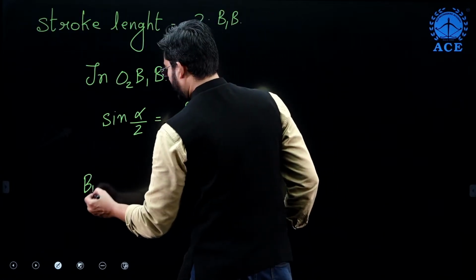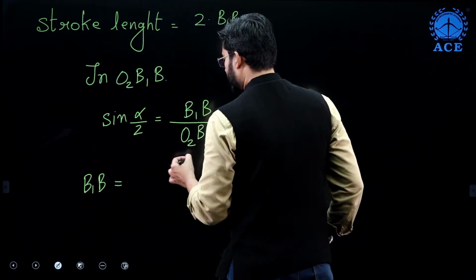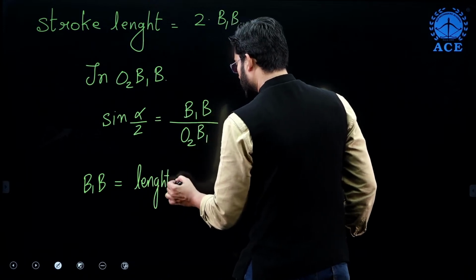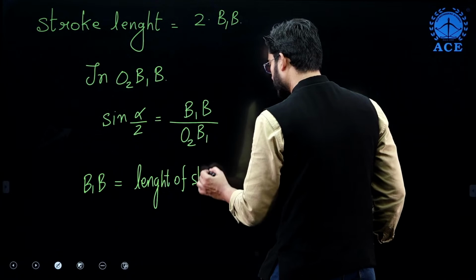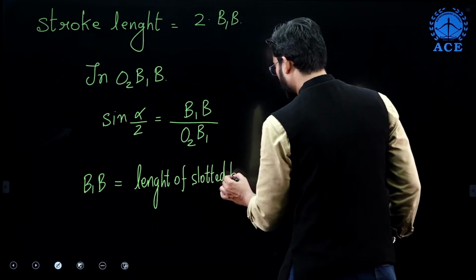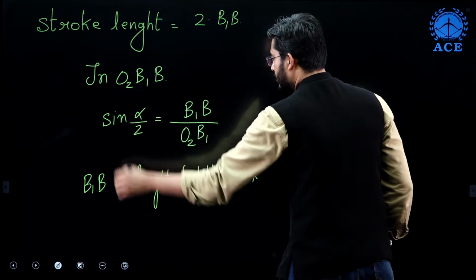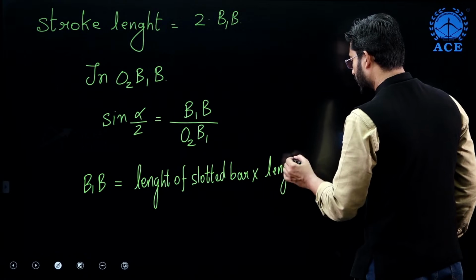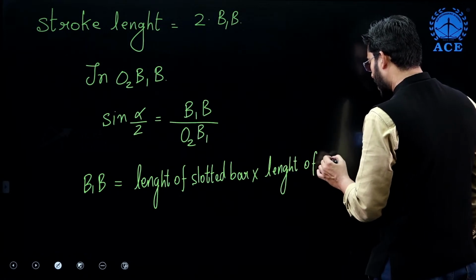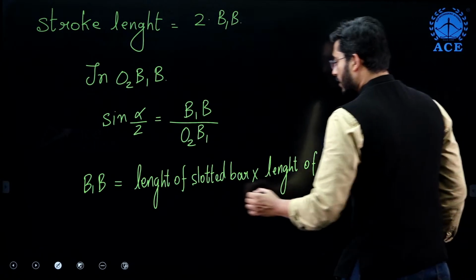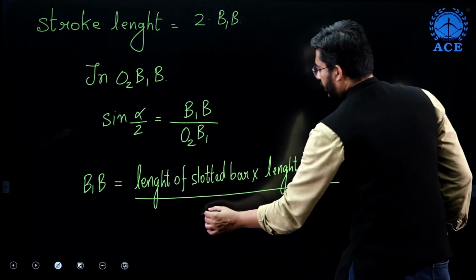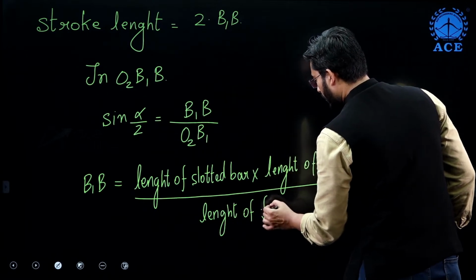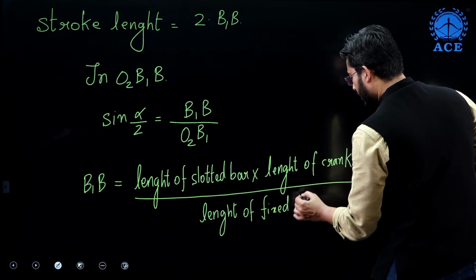So B1B is equal to O2B1, which is the length of slotted bar, into sine alpha by 2, which can be written as length of crank by length of fixed link.